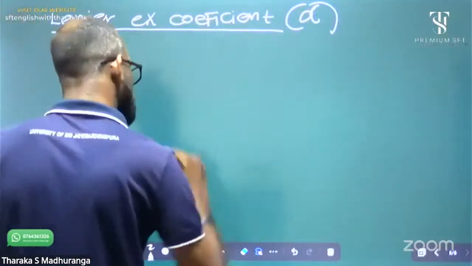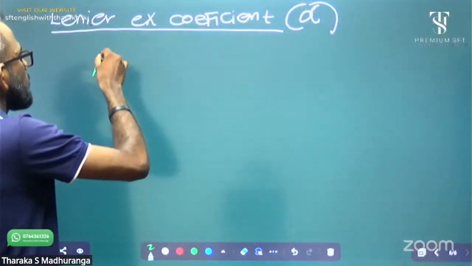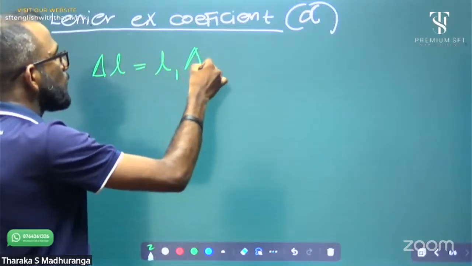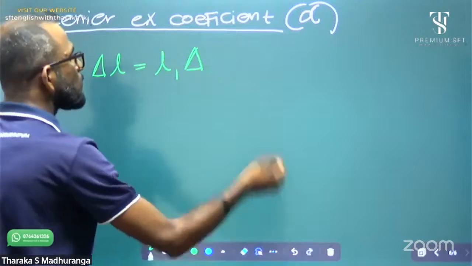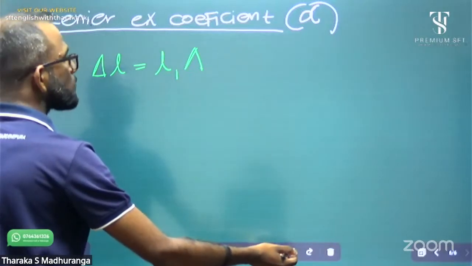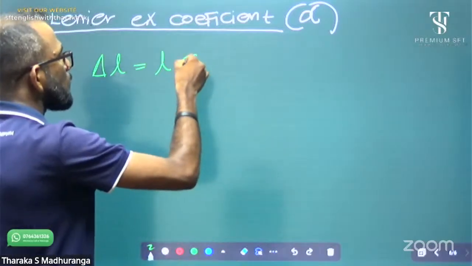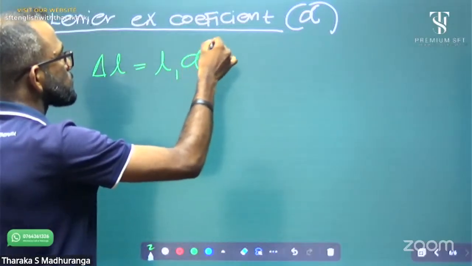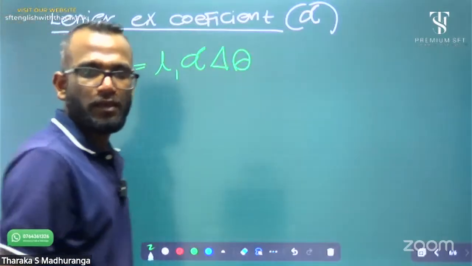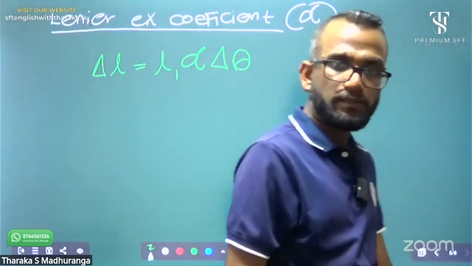Okay. What is our main equation? Delta L equals L1 alpha delta theta. Now, can you isolate alpha?